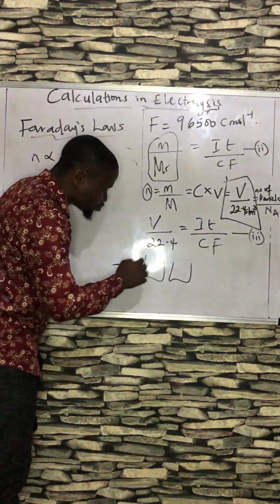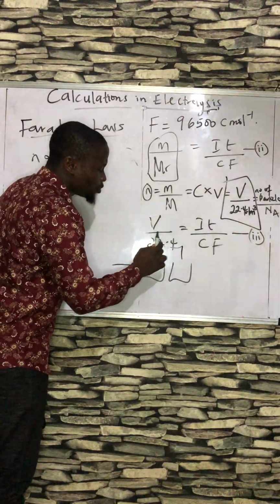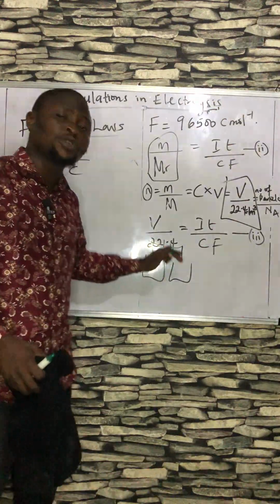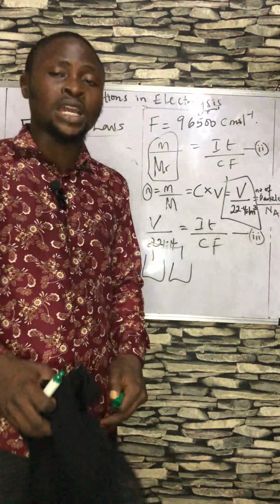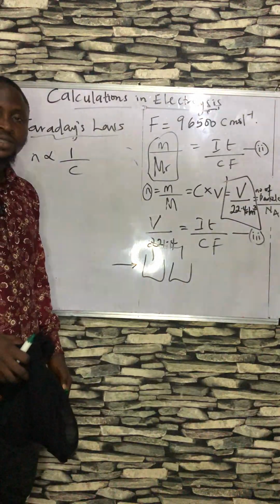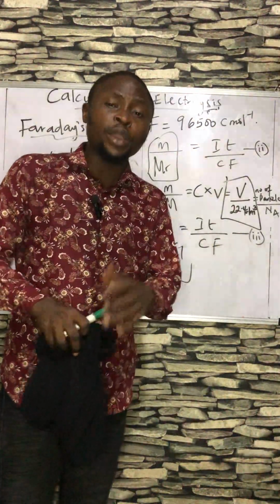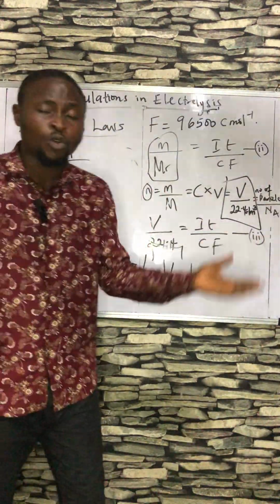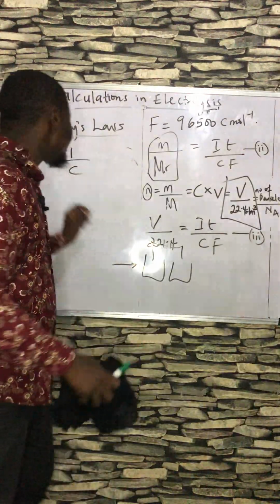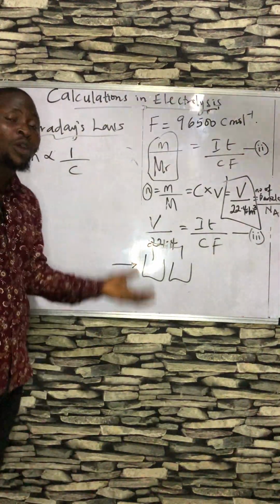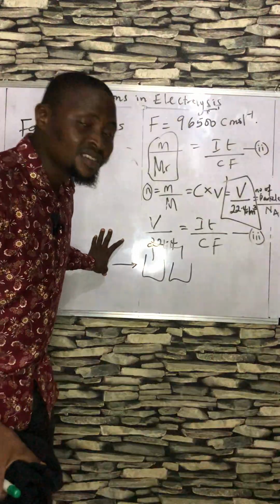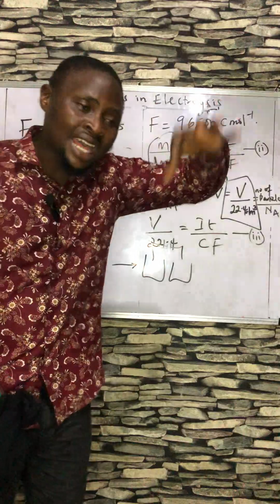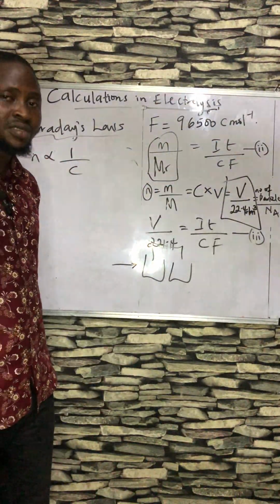You are sending the same amount of electricity into the two electrolytes, or even more than two electrolytes. According to Faraday, he was able to infer from his experiment that the number of moles, the amount of the substance discharged, is always inversely proportional to the charge that the ion of the element carries.